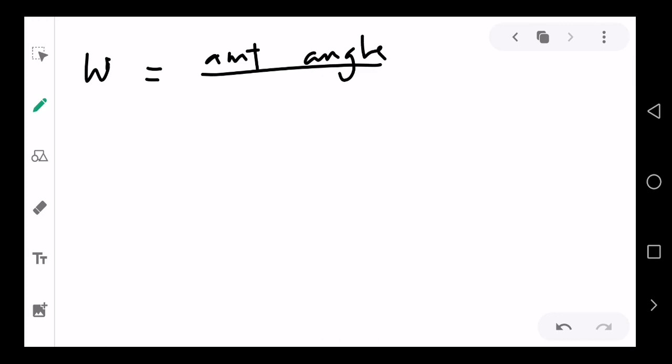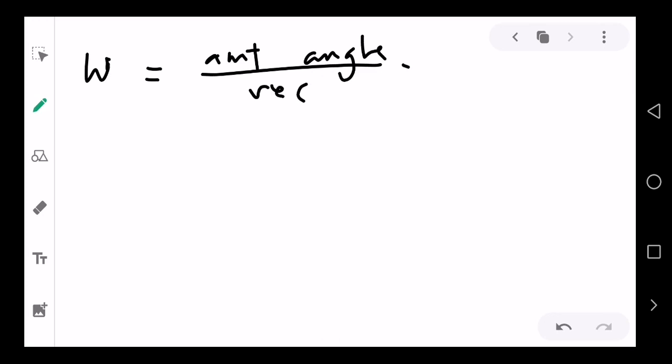Now, as I have said, we will be talking about the angular frequency, which is again denoted by omega, which is a rotational analog, and it is usually denoted by the amount of angle traversed per unit of time.